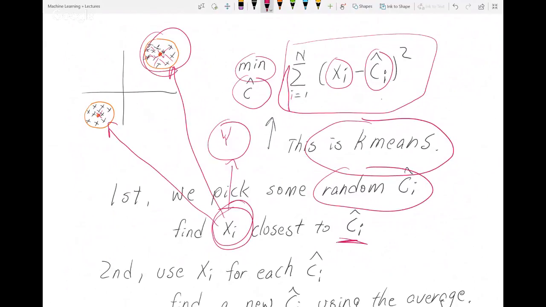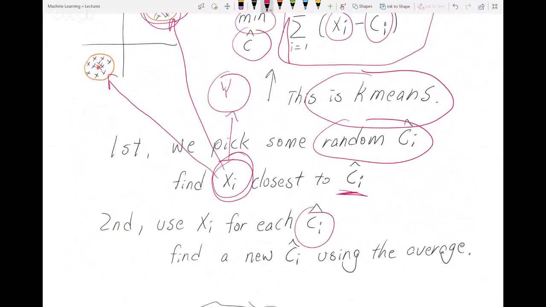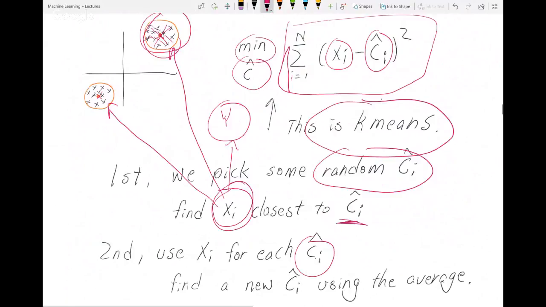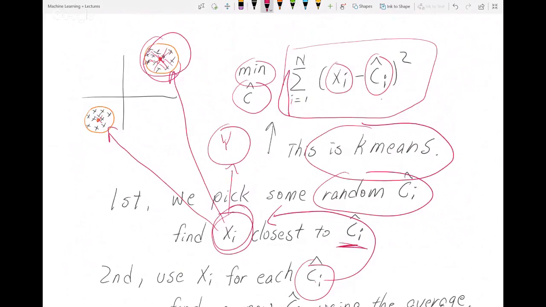Then we just average the x's to get the new center. Using the new center, we go back and find all the closest x's again. We essentially go back and forth, and that solves this problem. We pretend we know this, we get the best assignments, then we calculate the centers again, and it goes back and forth.